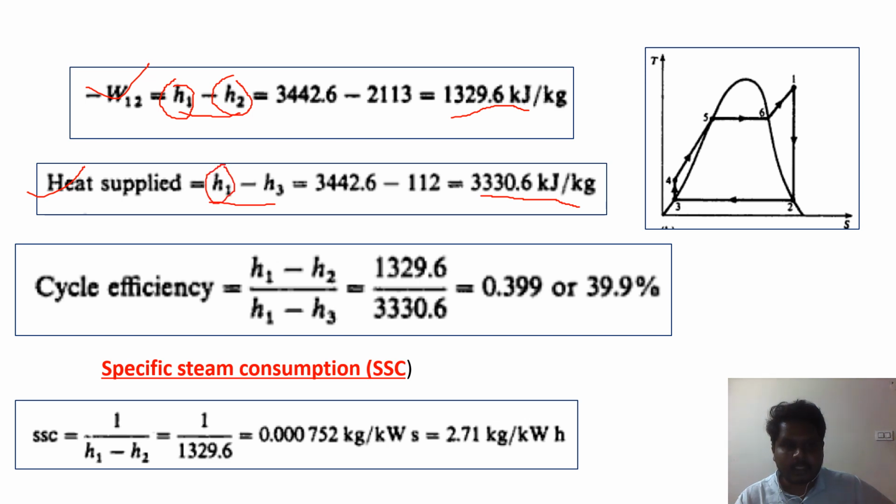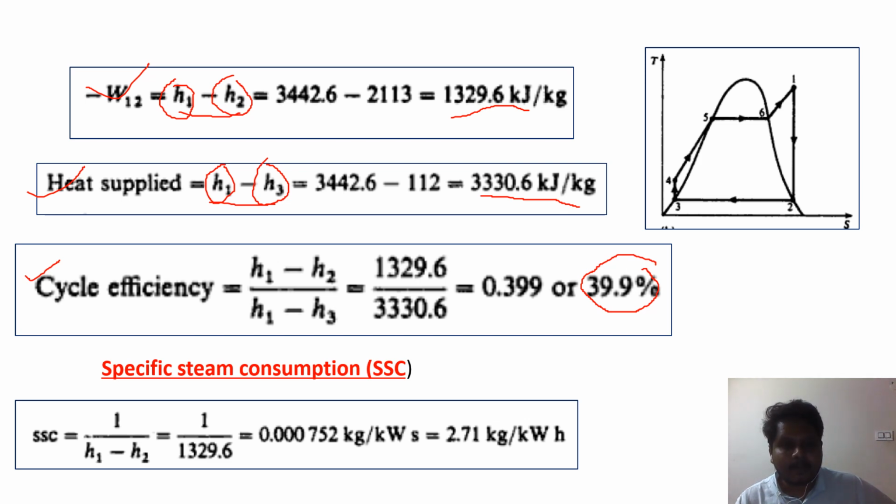Here H1 and H3 values are calculated by interpolation. Now we can find the cycle efficiency. H1 minus H2 divided by H1 minus H3 equals 1329.6 divided by 3330.6. The efficiency is 39.9%.